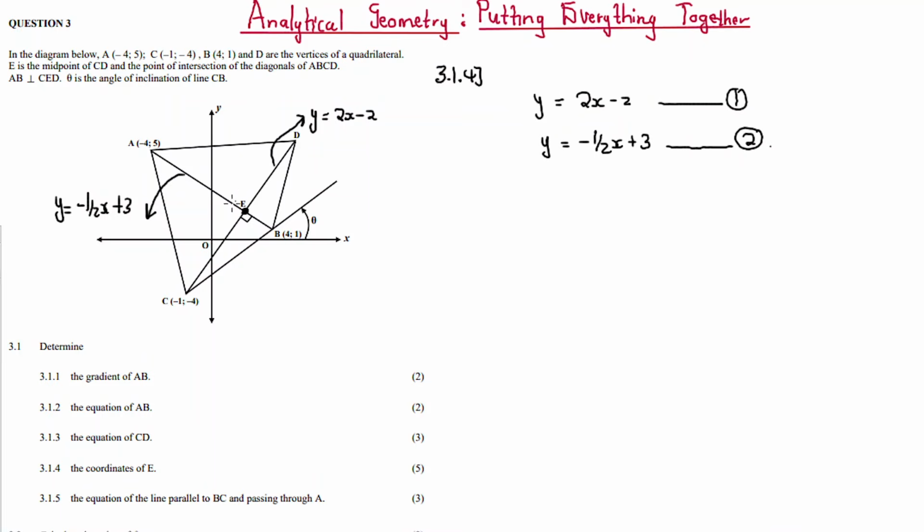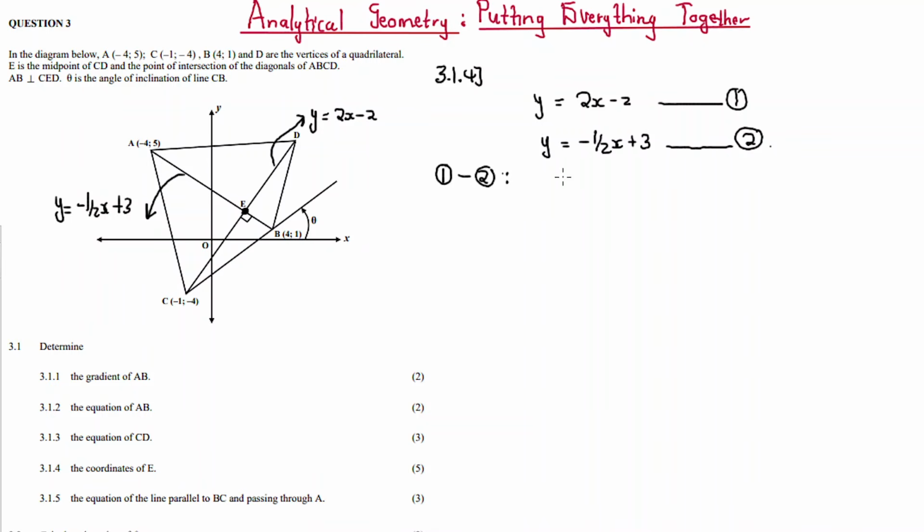So in order to get the coordinates for E, I have to solve these two equations simultaneously. I'm just going to equate them, or you can use the elimination method by saying equation 1 minus equation 2. Since the coefficients are the same for the y, I'm going to eliminate the y through the elimination method. I'm subtracting equation 1 and 2.